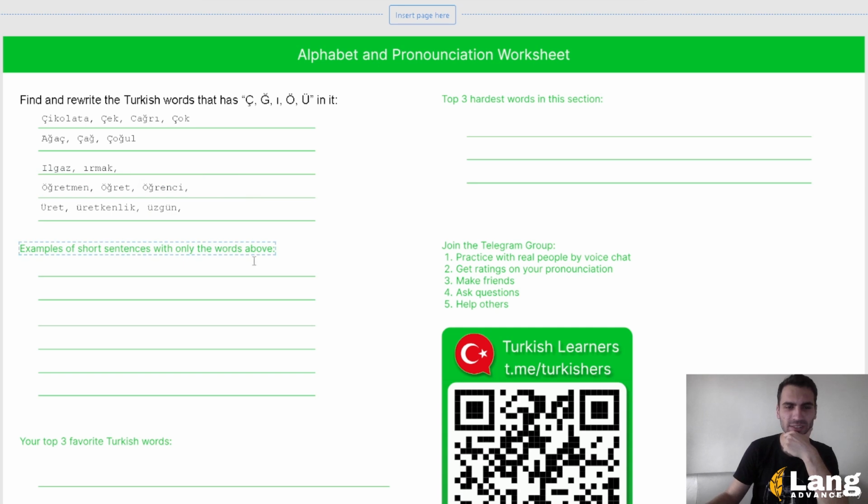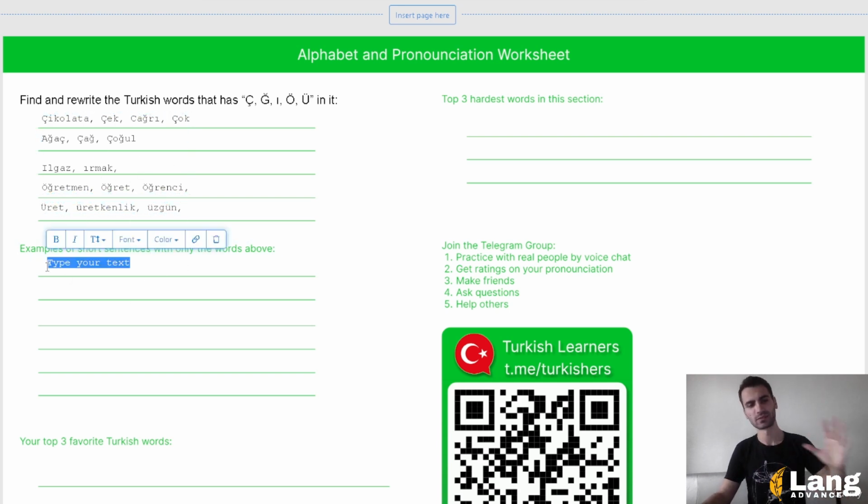Examples of short sentences with only the words above. Okay. So I will make examples of short sentences so that you will get used to hearing, seeing, understanding Turkish words, and later in this course I will explain.